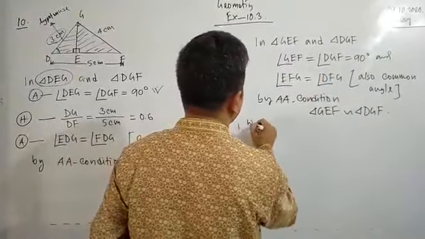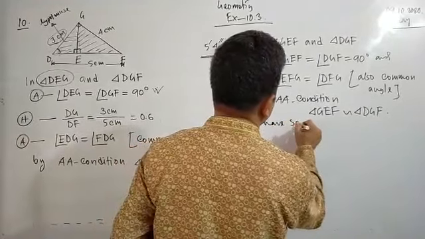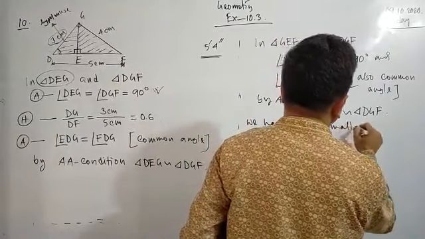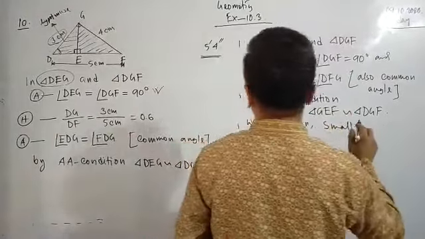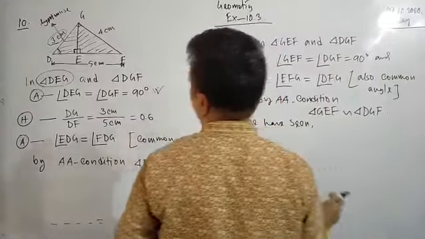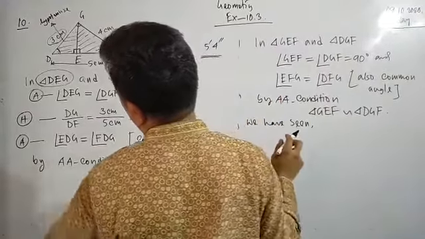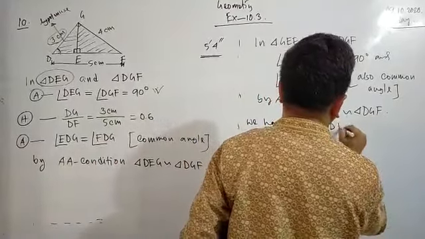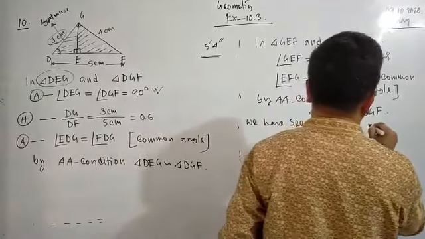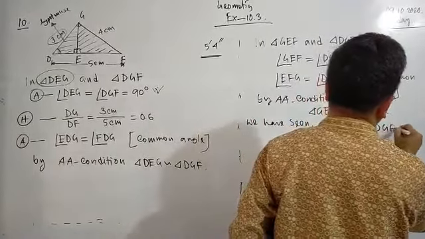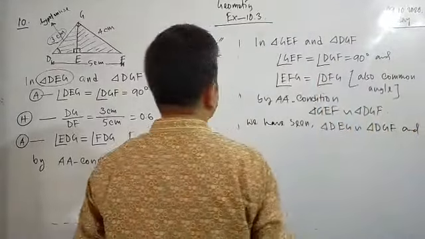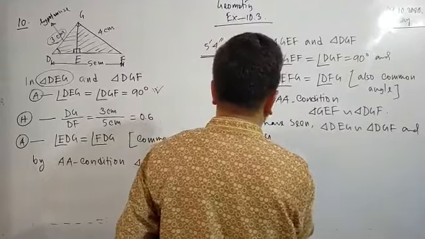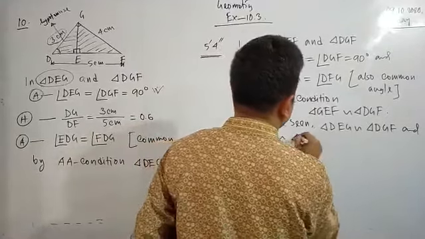So we can write these things here. We have seen the small triangle DEG is similar with triangle DGF, and triangle EFG is similar with triangle DGF.